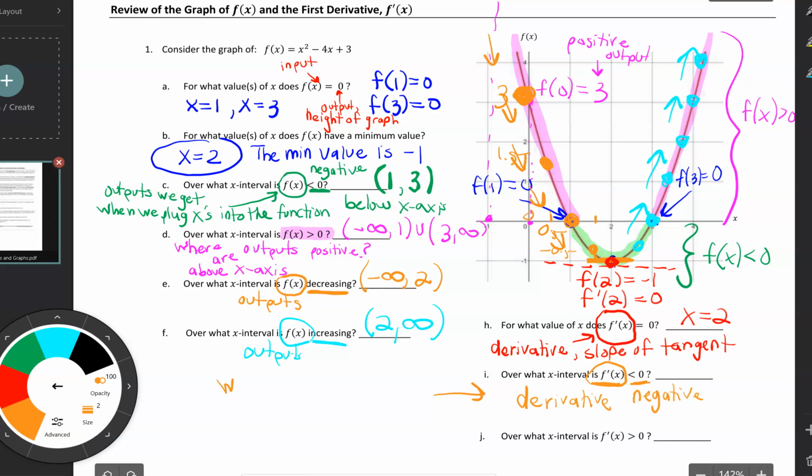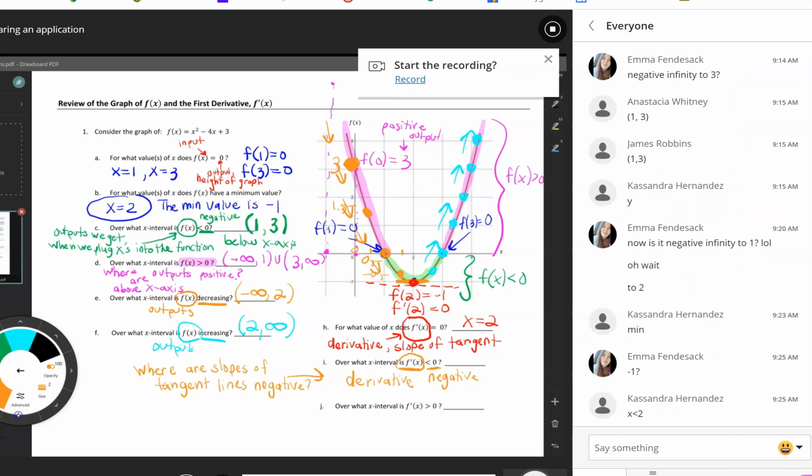That's saying where are the slopes of the tangent lines negative? Yeah, when we're less than 2, right? So the minimum is separating the decreasing from the increasing.